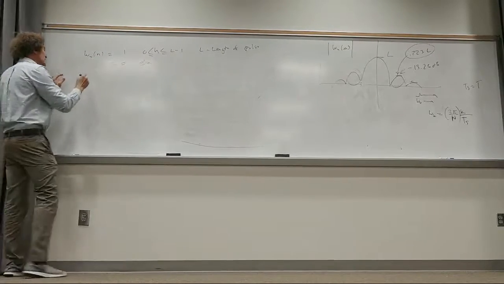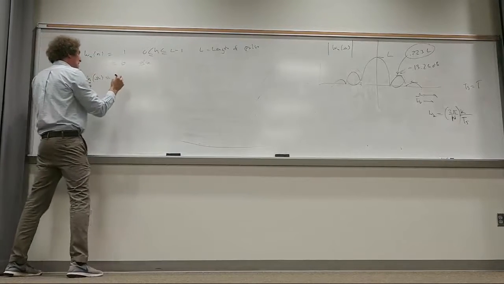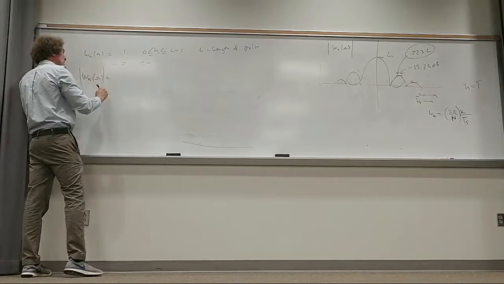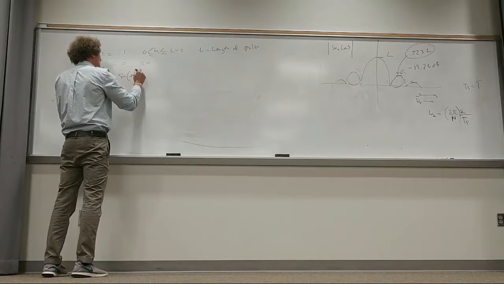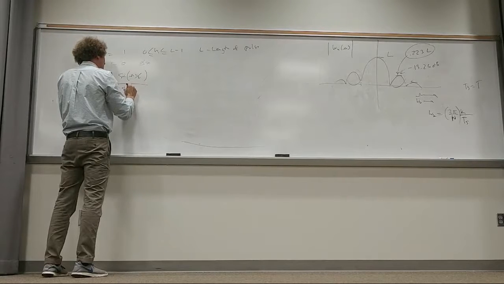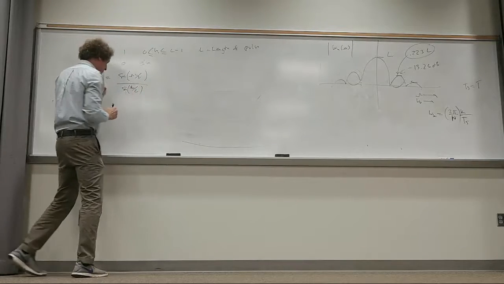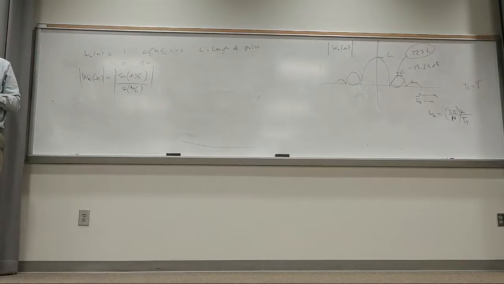Then I said that the spectrum of this, looking at the magnitude, forget about the phase, is sine of omega L over 2 over sine of omega over 2. You might as well put a magnitude here. And that looks like about a sinc waveform, if you remember that. We talked about that, right?